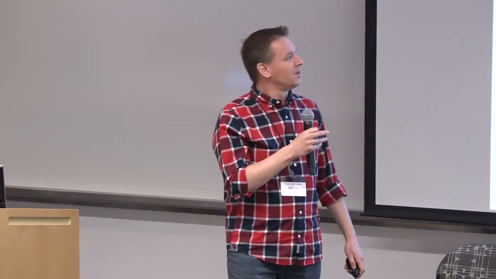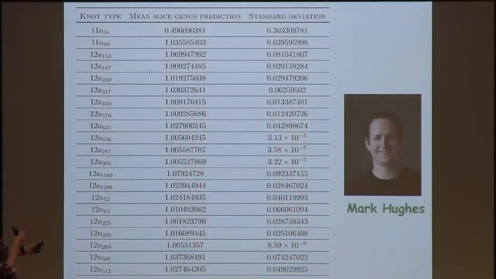And some pioneering steps along these lines were done by Marcuse, who has a beautiful paper from a few years ago where he studied some simple, or actually interesting, invariants of knots, and the machine tried to predict this invariant based on a relatively small training set. So it did extremely well, but then, this is a particular knot invariant called slice genus, and this is the standard deviation.